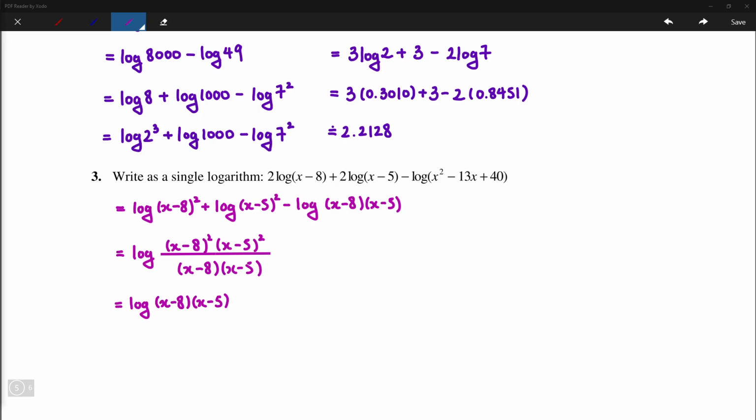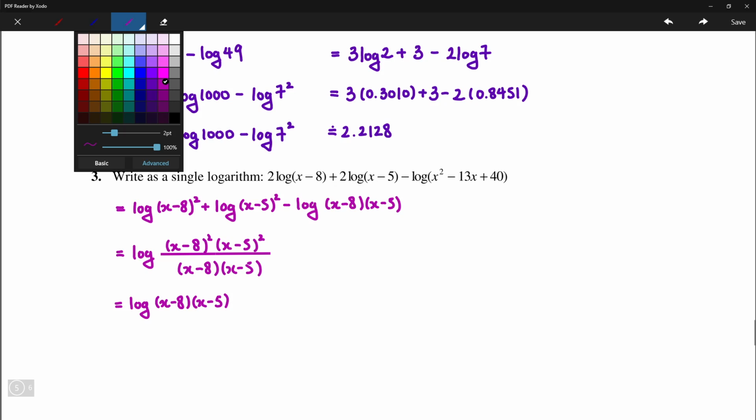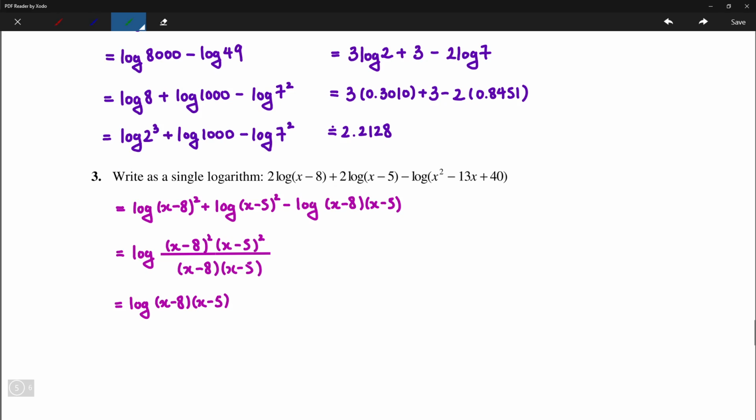You may also be wondering about the restrictions. So in this case, the first logarithm gives us the restriction x is greater than 8. The second one gives us x is greater than 5. And finally, the last restriction is x is less than 5 and x is greater than 8.